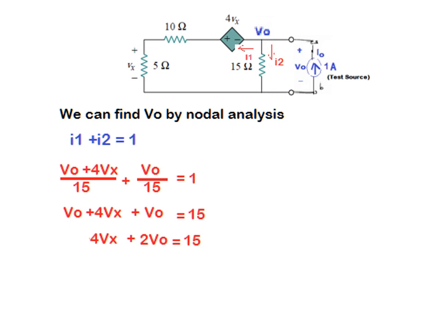Similarly, I2 is V naught over 15 and equal to 1 ampere.